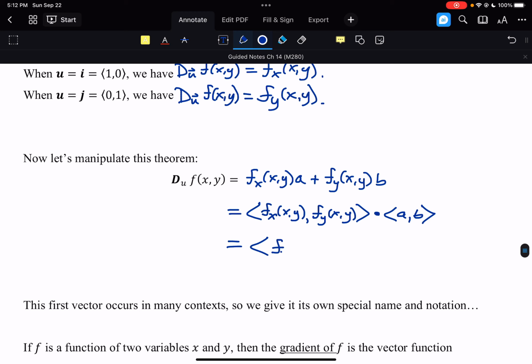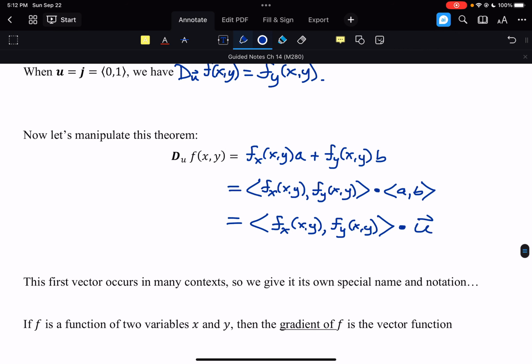So we're going to have this vector with fx and fy dotted with u. Now, this vector whose components are the partial derivatives, fx and fy, occurs so frequently that it gets its own name and its own notation.